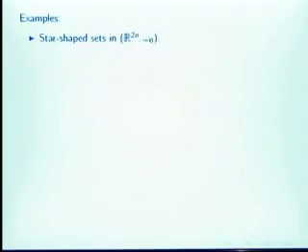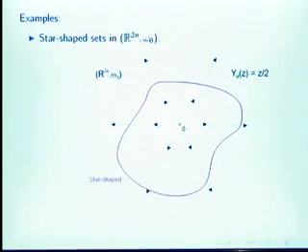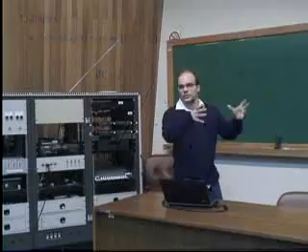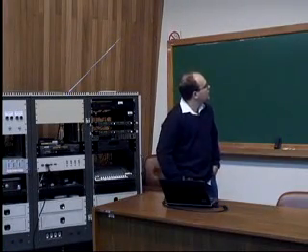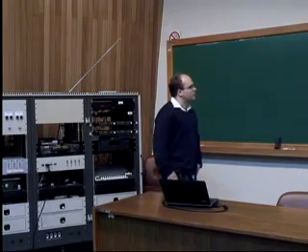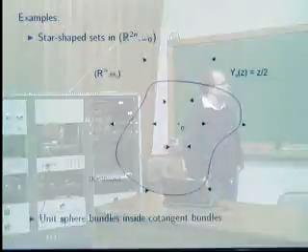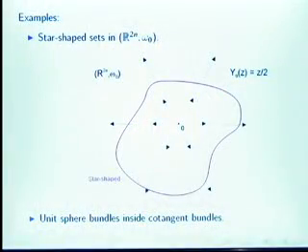Okay. So example: star-shaped sets in R^2n. You have this Liouville field, which is a radial vector field, so everything that is star-shaped is transversal to it. Another important example: unit sphere bundles sitting inside cotangent bundles.